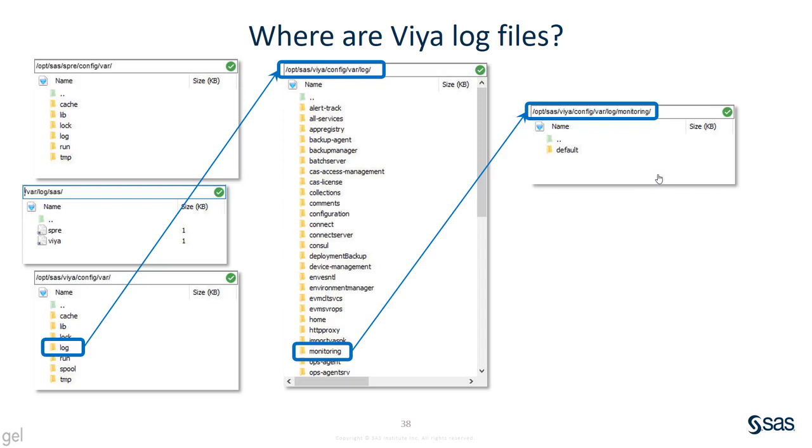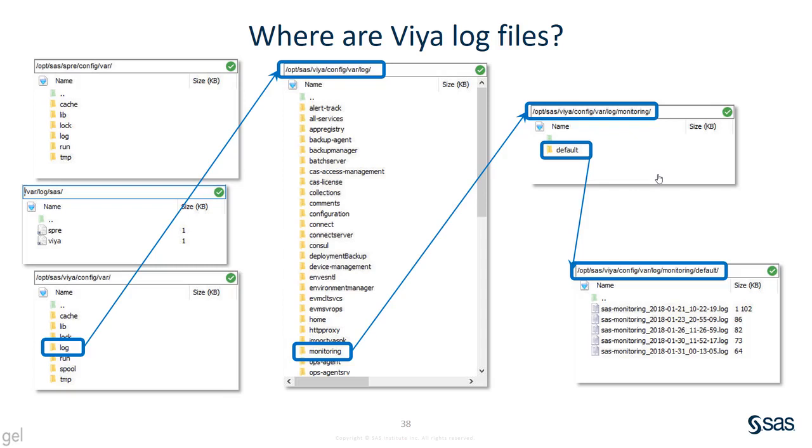Later I expect that those will have additional siblings in that directory path. So we have one path that seems a little unnecessary, but if I drill into that default subdirectory underneath a service, I will finally find all of the individual log files for that one microservice or server.